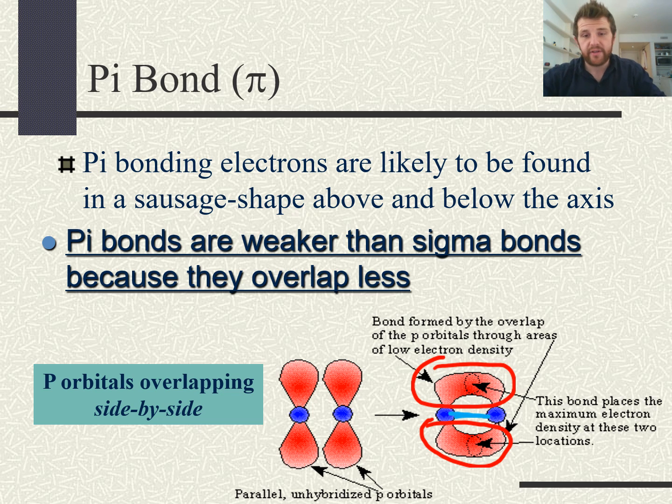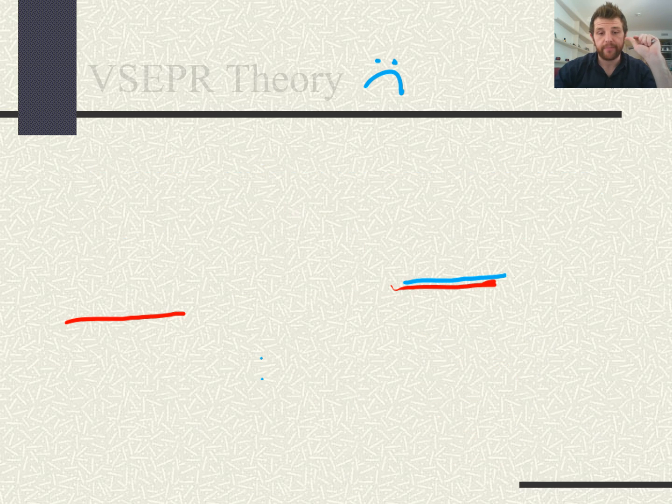So you can see this is what my pi bond looks like. And it is secondary. So what would happen first is my sigmas would get together, and then my pi's overlap on top and on bottom. They overlap less, so they are going to be weaker because of that.